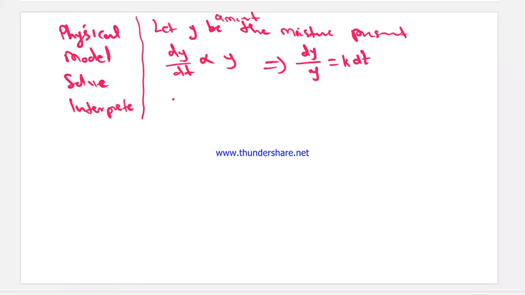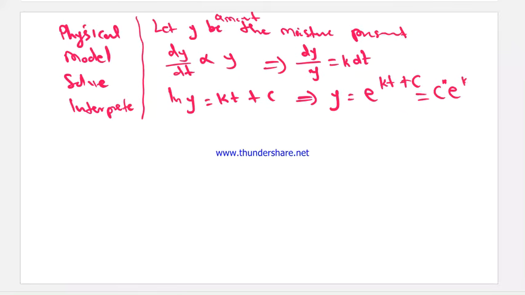So when we solve this, we have ln Y is equal to Kt plus C. So our Y is equal to exponential Kt plus C, and we can simplify this to be C star exponential Kt. So let's put that as equation 1. That is Y is equal to C star exponential Kt. In order to get C and K, let's try to get C first.